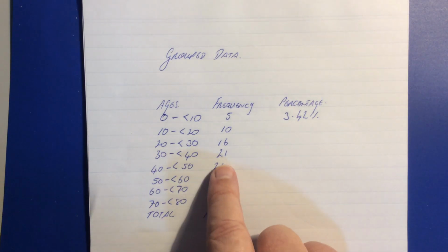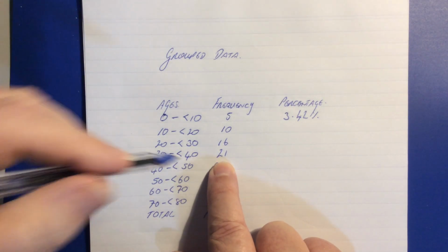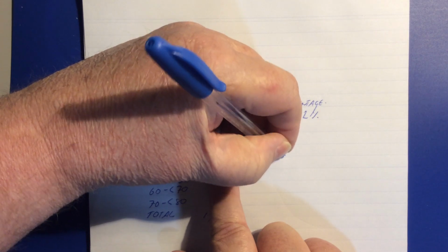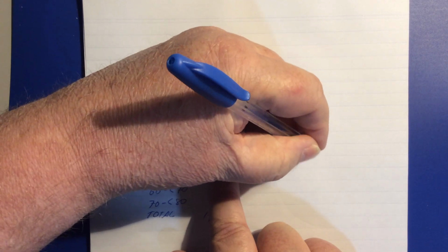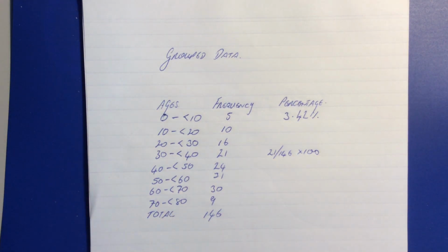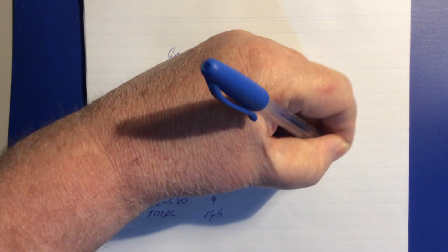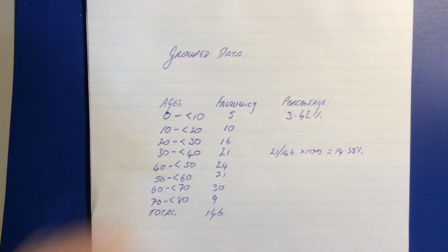So let's take another one. Let's take this one. So 21 divided by 146 times 100. There's the long working. Okay, 21 divided by 146 times 100 equals 14.38. 14.38%.